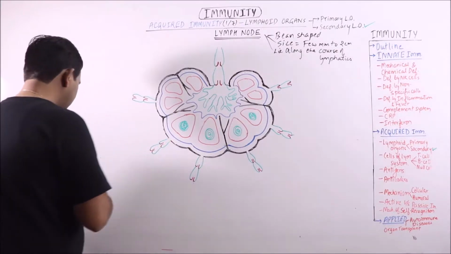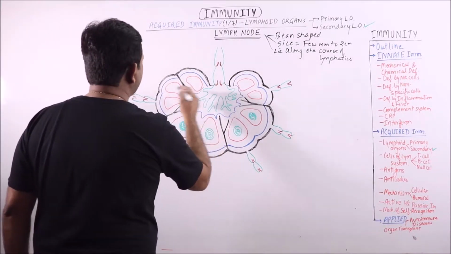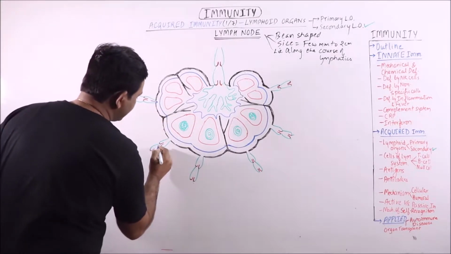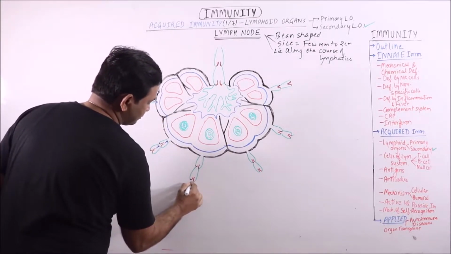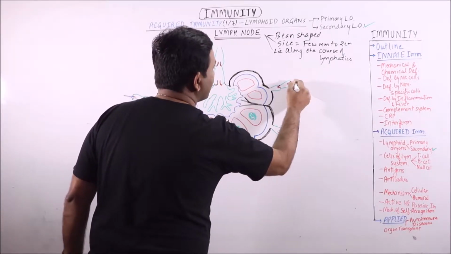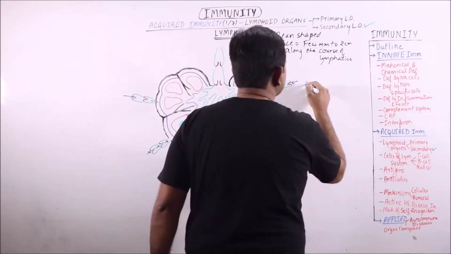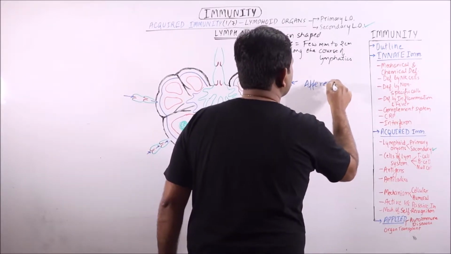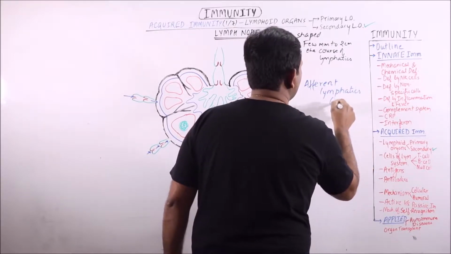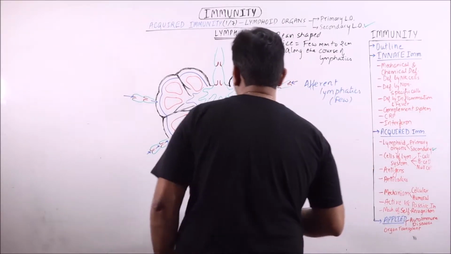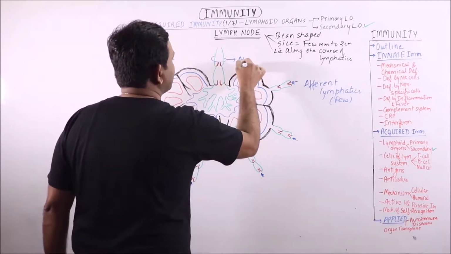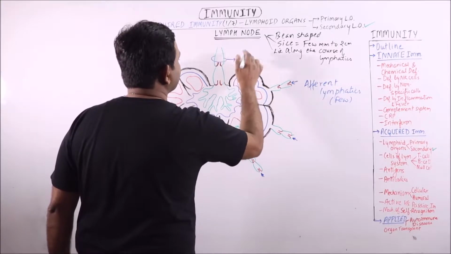Now this is the lymph node, and the lymph will flow in the lymph node via these lymphatics. These are known as afferent lymphatics. Afferent lymphatics are few in number, while this one is efferent lymphatic.